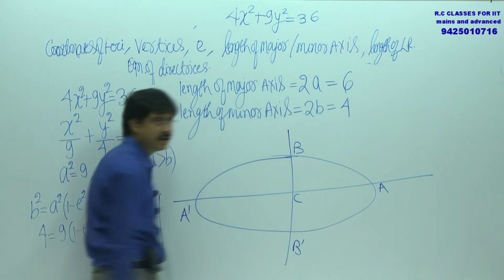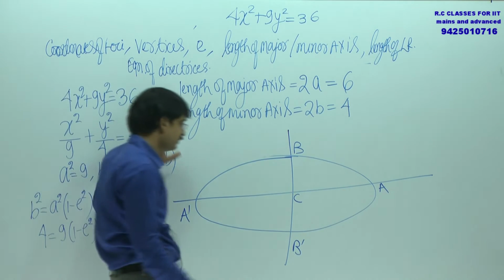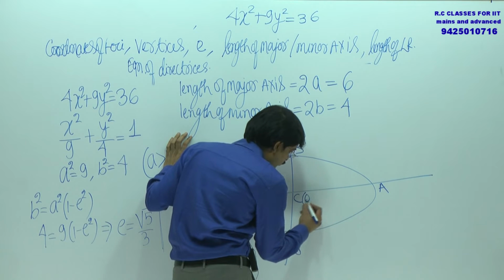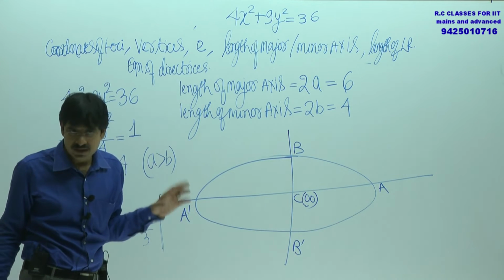Center of that curve is 0, 0, standard form है ना, x square by a square plus y square by b square equals to 1. Center is 0, 0.